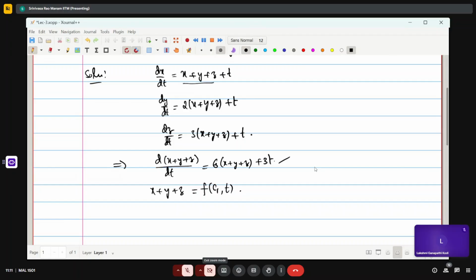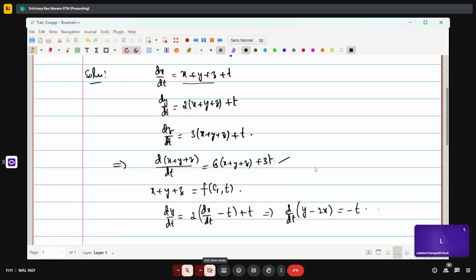Then you'll get dy by dt equal to 2 times (dx by dt minus t) plus t. So this gives d by dt of (y minus 2x) equal to minus t.